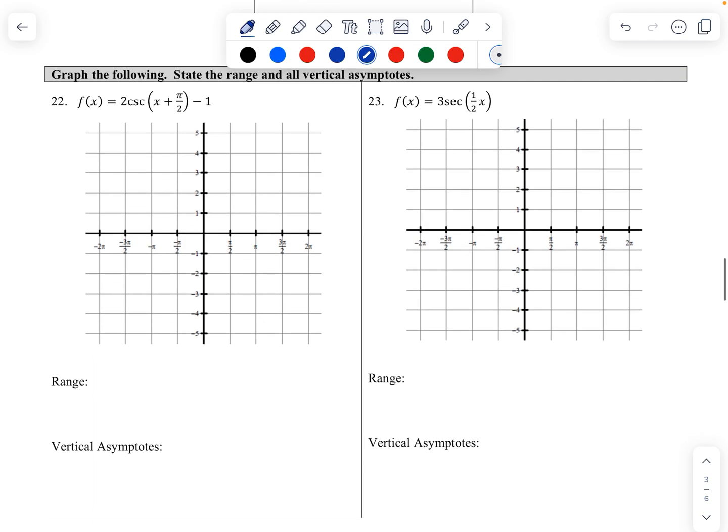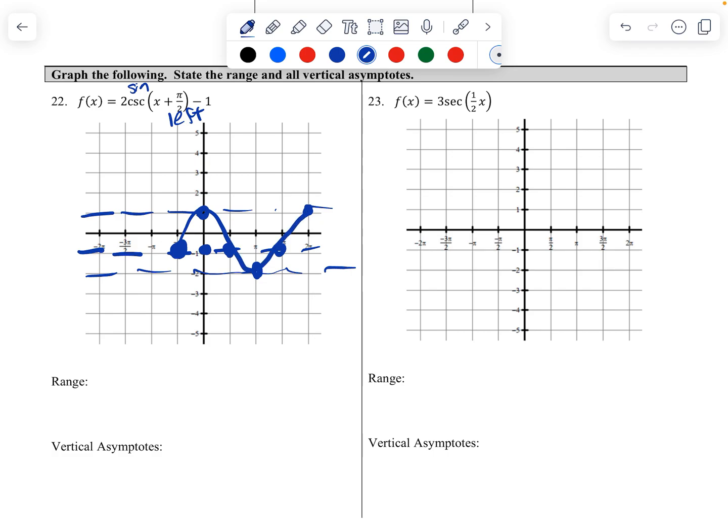So what is our midline if we were to graph the sine? Midline is negative 1, up 2, down 2. And then what happens, it's a sine, starts in the middle, but it moved to the left pi over 2. So it's really here, here, here, here.